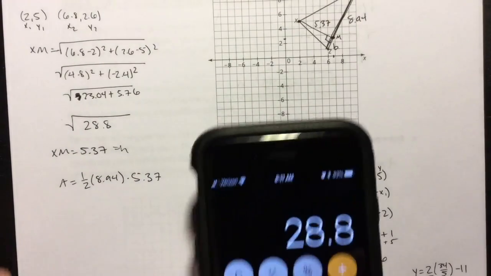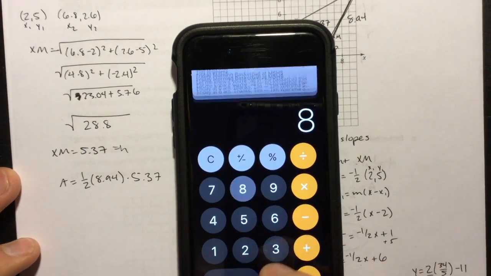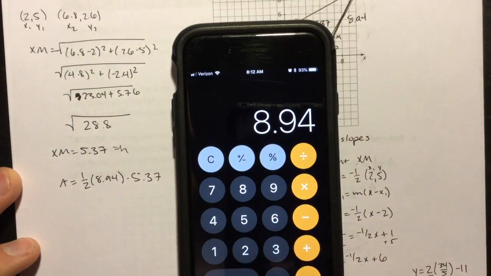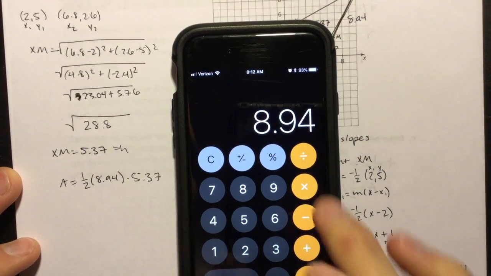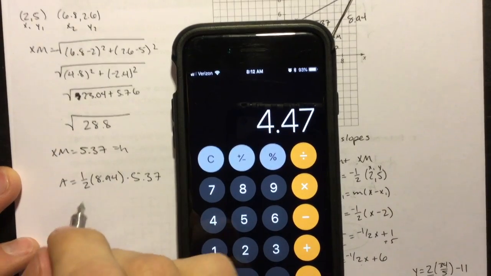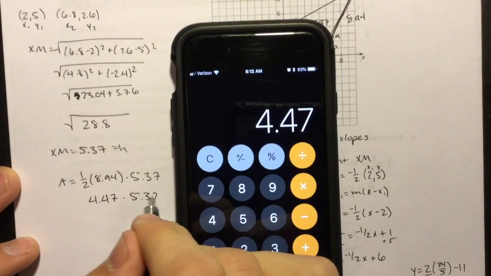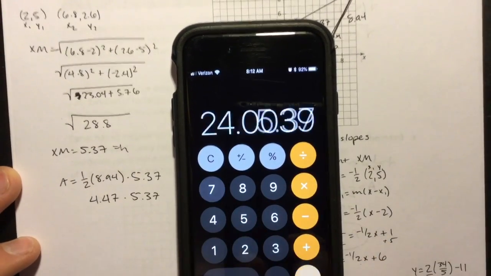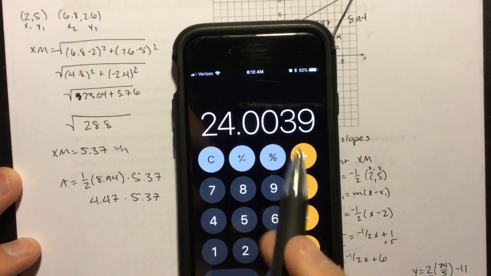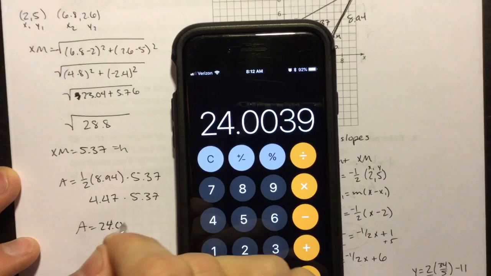We're doing this live, folks, and by live I mean kind of live because you'll see it later. 8.94 times 1/2 is 4.47 times this 5.37 gives me 24.00.